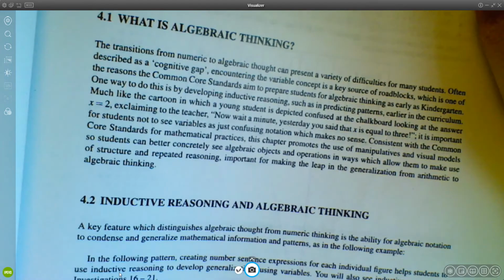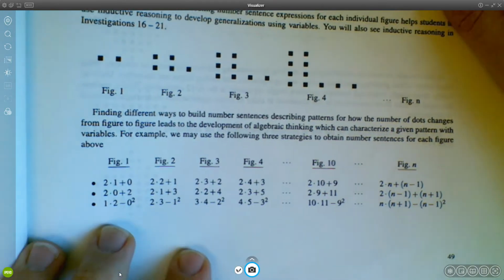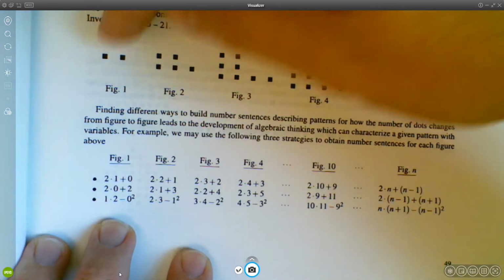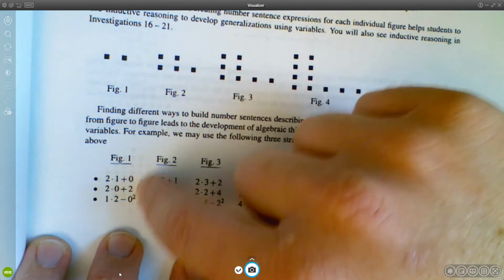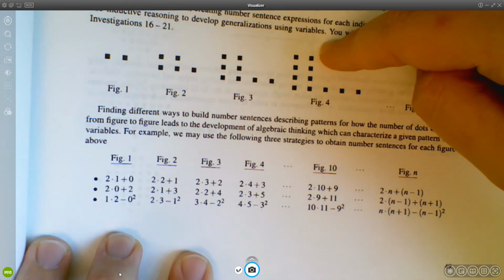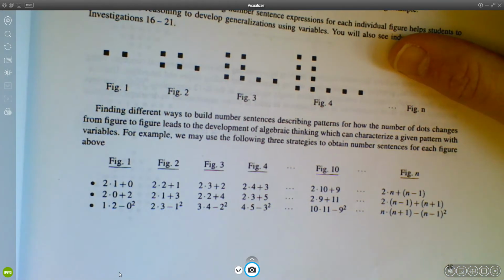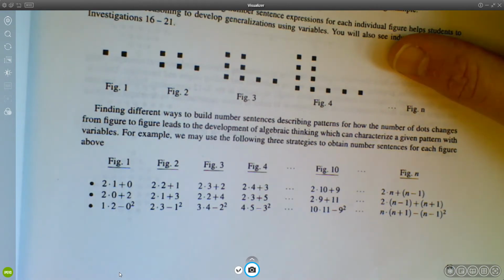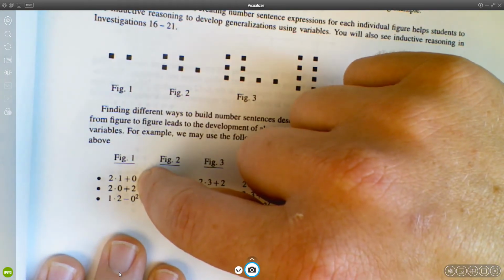When you're reading through this chapter, and if you don't have time to read through the whole thing today, that's fine, they give you this example of this pattern, and then they give you 3 number sentences for those different patterns. What I'm going to do is break you up into groups like I've done in the past.